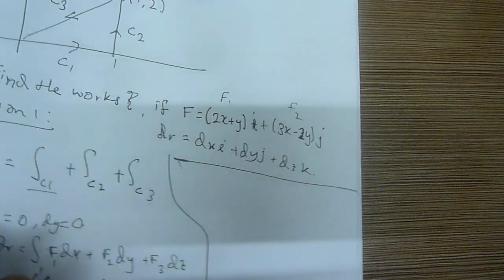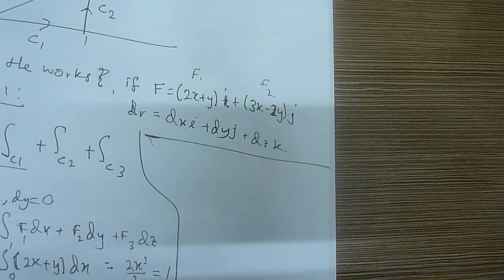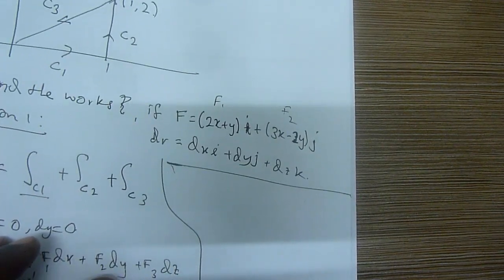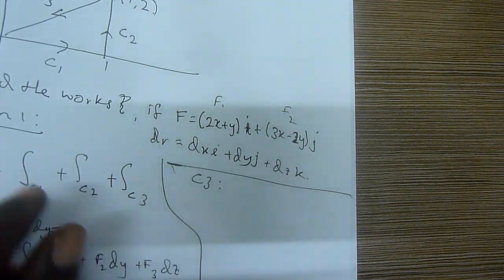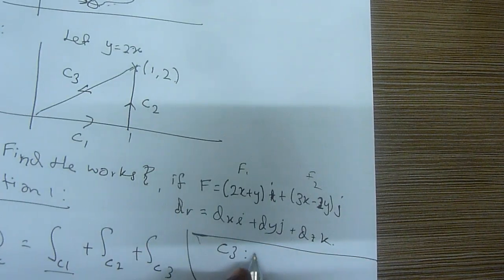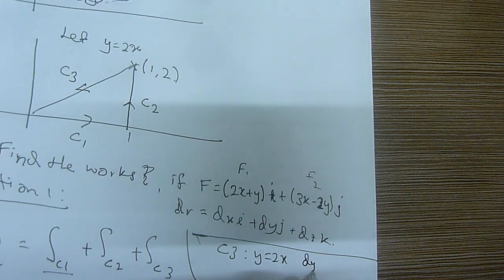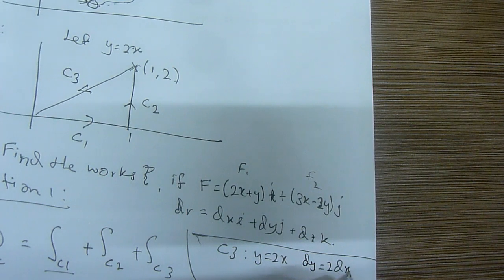I don't know whether it's enough or not. Let me try. It's easy for me to show you C3. What is important here is that C3 is y equals 2x, therefore dy equals 2 dx.